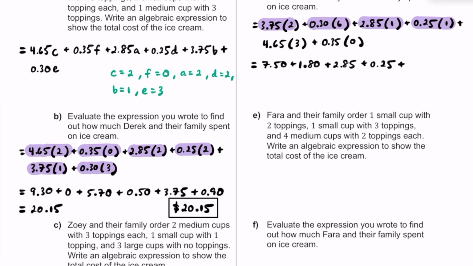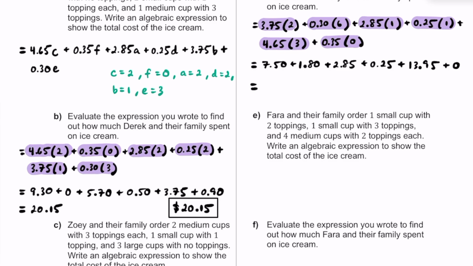Plus we have this 4.65 times 3. I'll use a calculator for that. That's going to be $13.95. And then I think that's it, because if you multiply here, you're just going to get 0. I'll write it just so it's very clear, but that's what that means here.